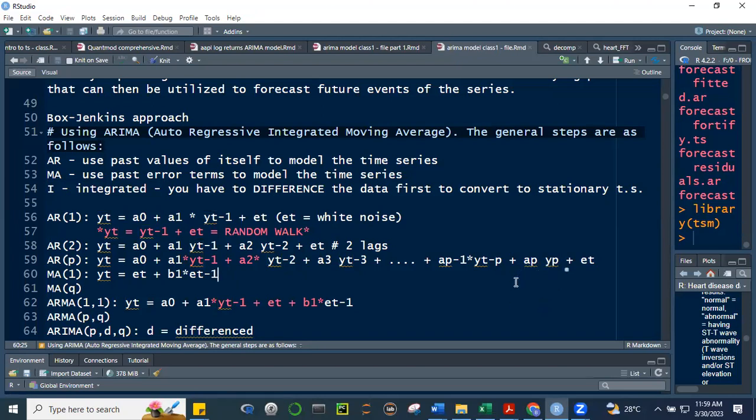So this is the last coefficient, A sub p times the lag P of the AR process.